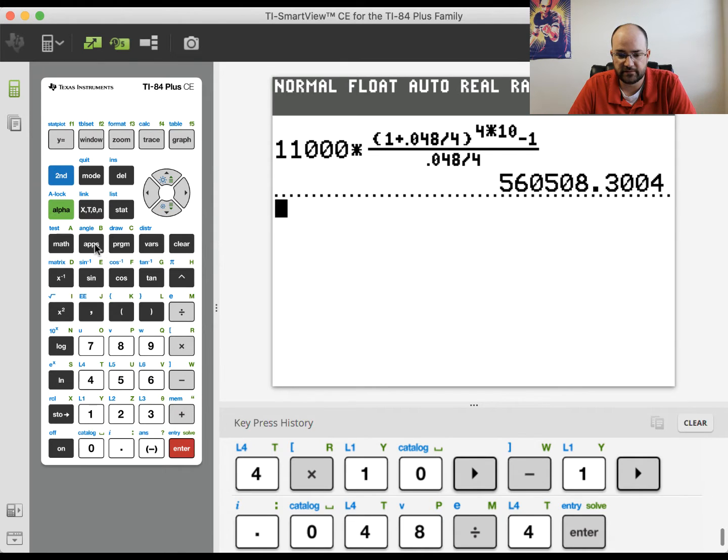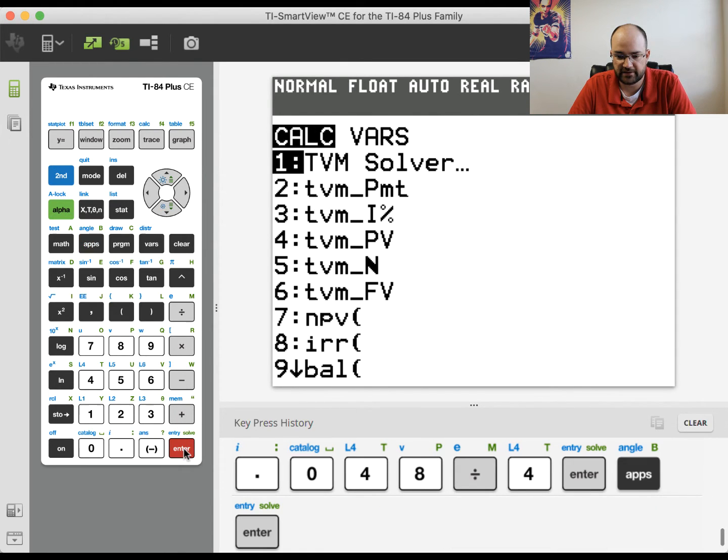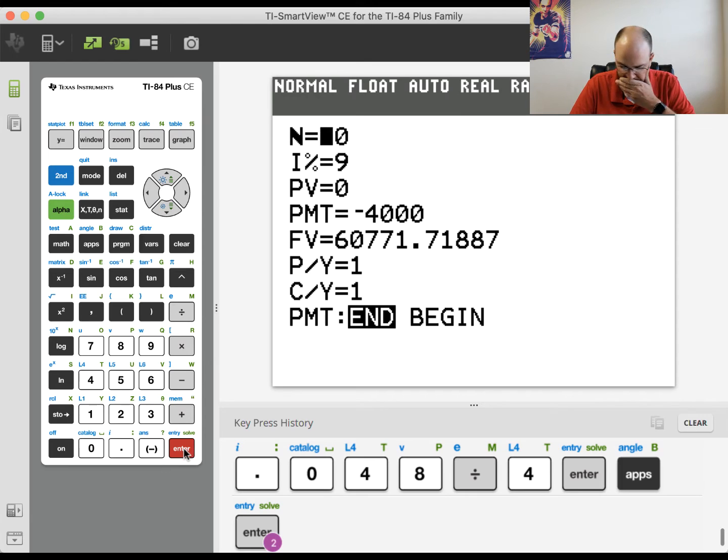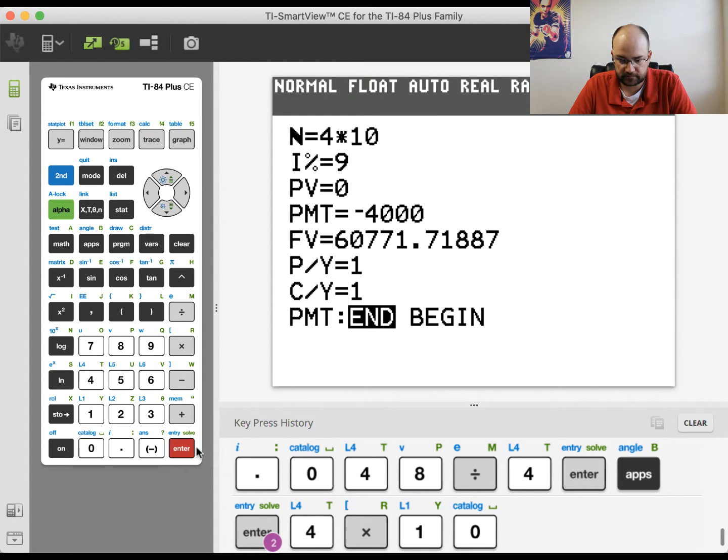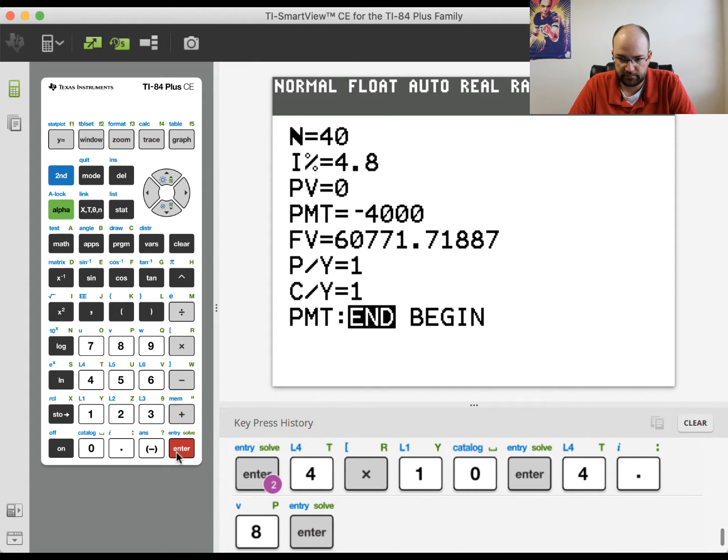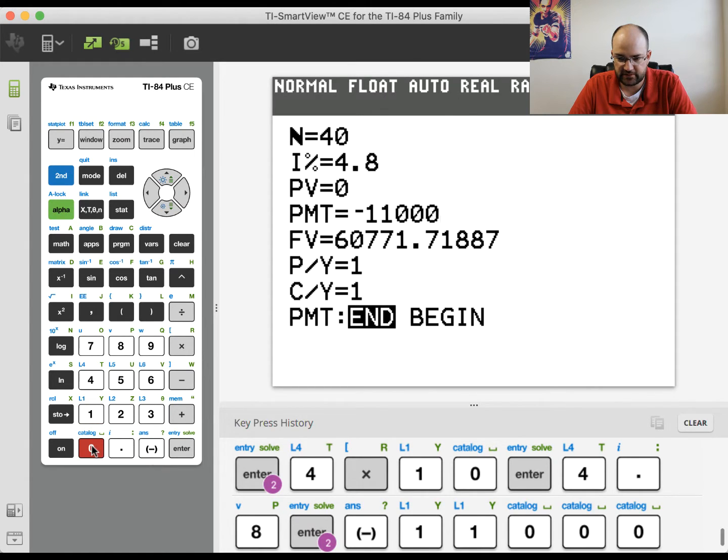So let's go to the TVM solver. So apps, finance, TVM solver. Capital N is just the 4 times 10. I% in this case was 4.8%. PV was 0. PMT was negative 11,000.